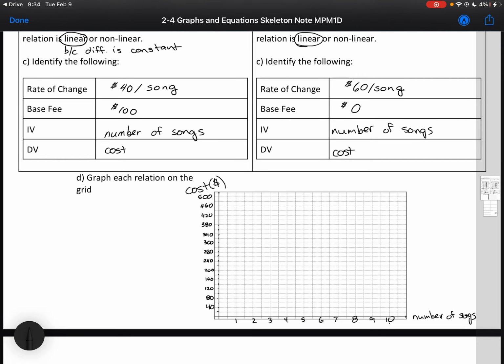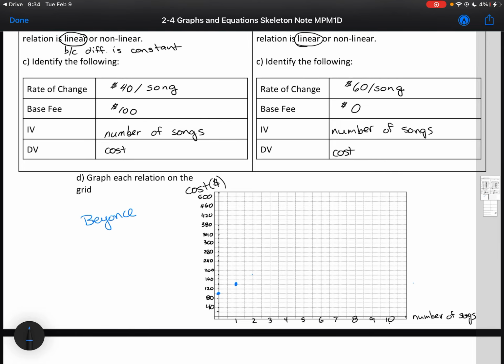Okay, so now what I want to do is plot my points. I'm going to use two different colors. For Beyonce, I'm going to use blue. And let's plot those here. I know for 0 songs, I am going to pay $100. For 1 song, I'm going to go up by 40, so I'm going to pay $140.